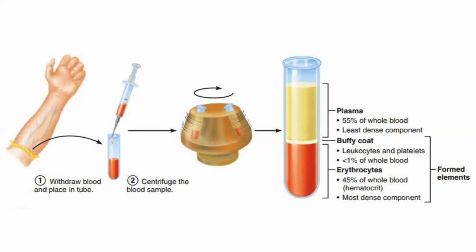The first layer is red in color, which is made of red blood cells, RBC, and another large layer, which is a straw light yellow color, which is plasma, the fluid portion of the blood. And in between these two, we have a white, light-colored buffy coat.